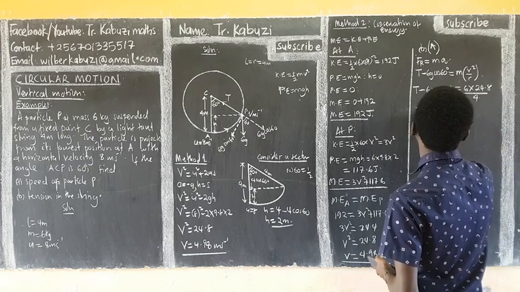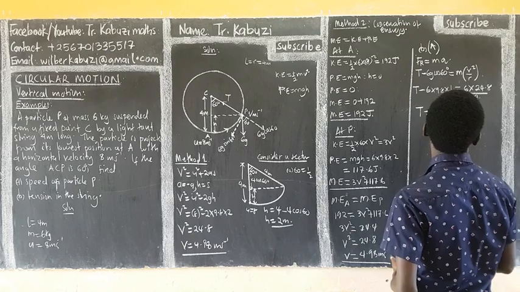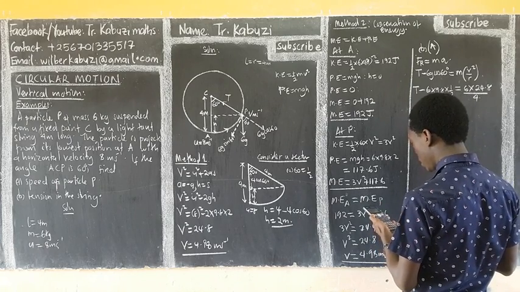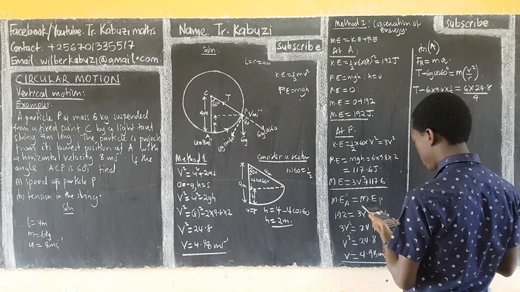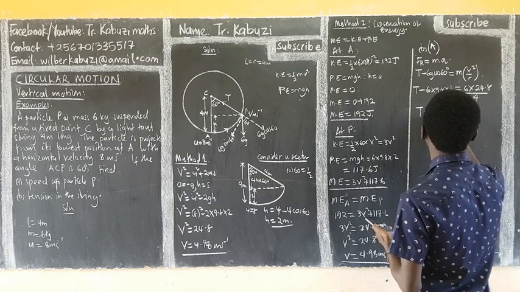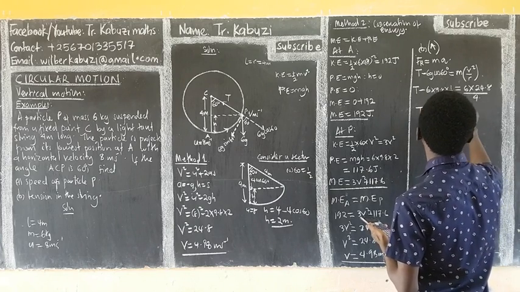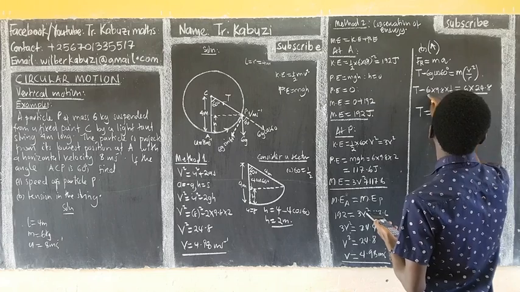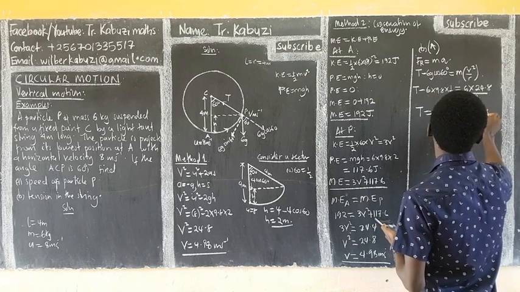So from here my T is going to be, now when you simplify the other side, 24.8 times 6 divided by 4, so you have 37.2. Then plus, when I take this side, I have 3 times 9.8.